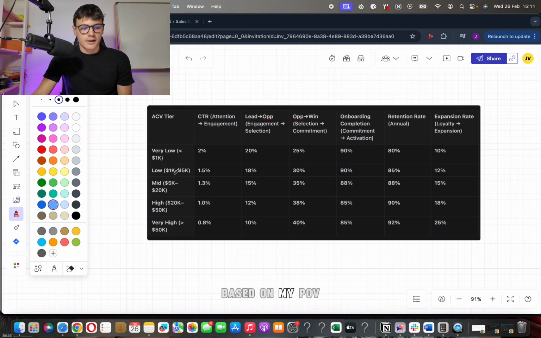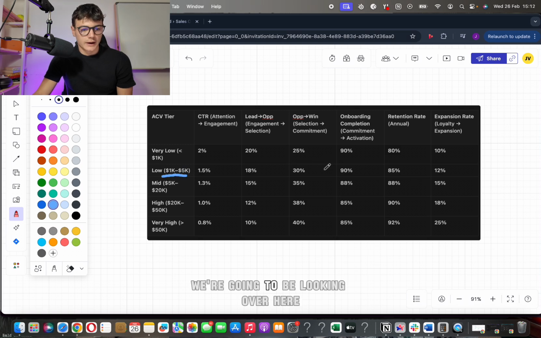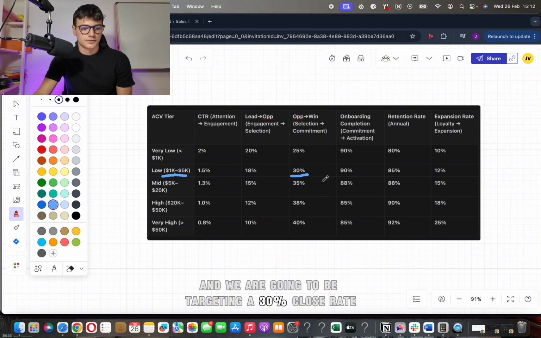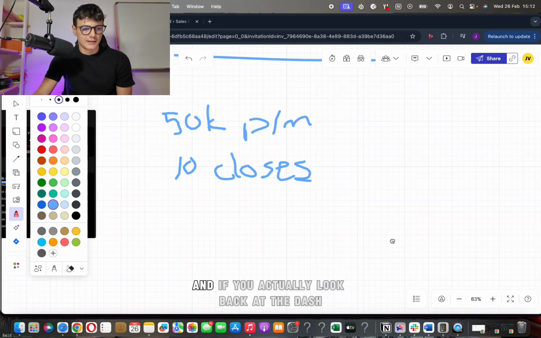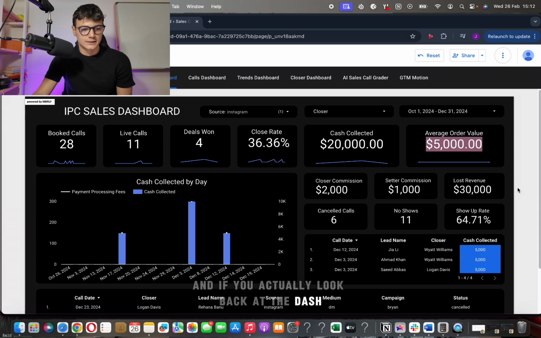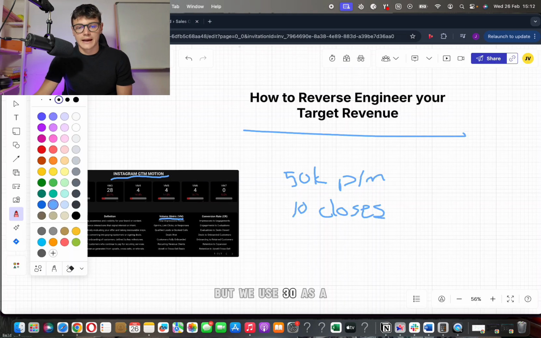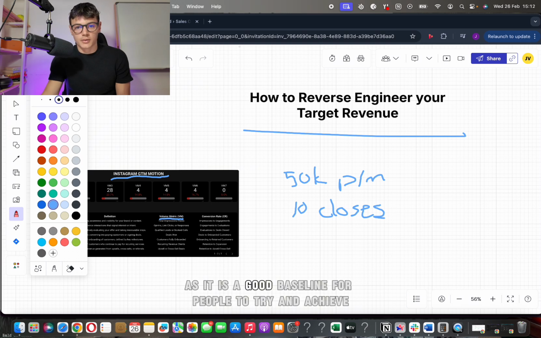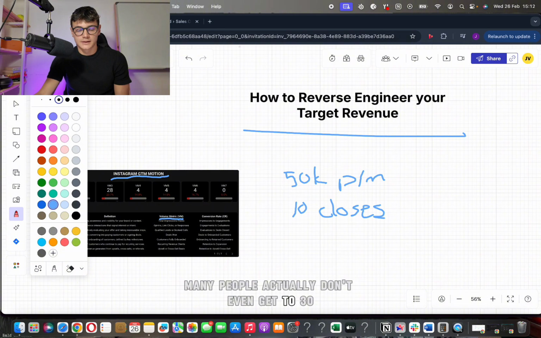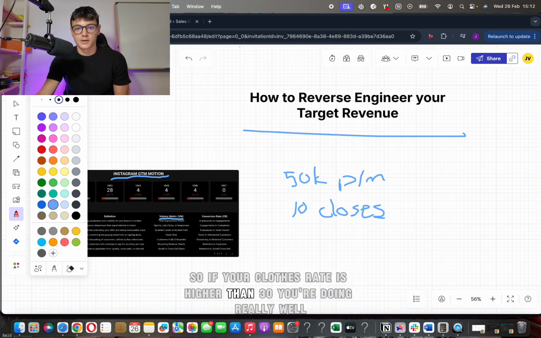Based on my AOV, which is 5K, we're going to be looking over here at our selection to commitment rate, and we are going to be targeting a 30% close rate. And if you actually look back at the dash, we have a higher close rate here, but we use 30 as it is a good baseline for people to try and achieve. Many people actually don't even get to 30, so if your close rate is higher than 30, you're doing really well.